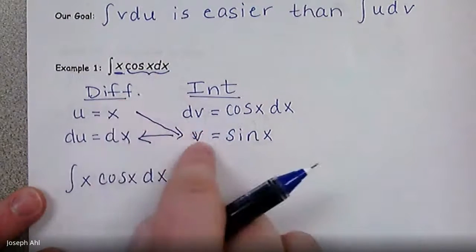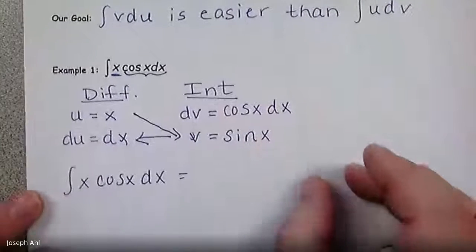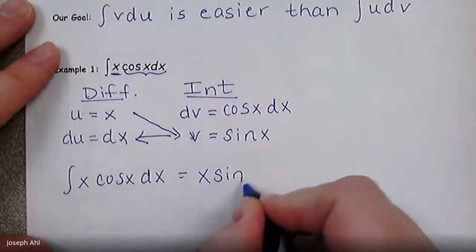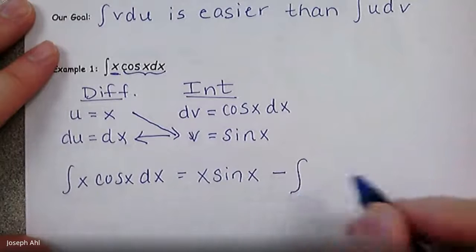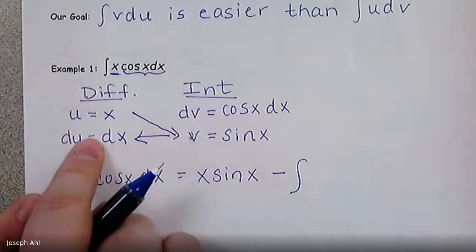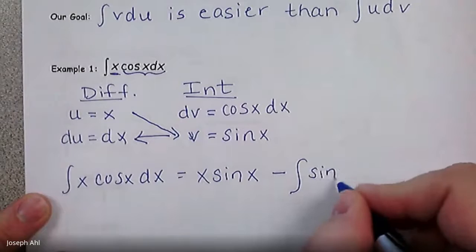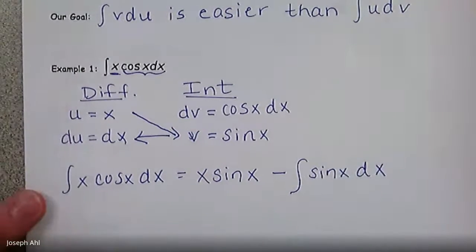So that's this connection right here, right? U times v. So that would be x times sine x minus the integral of v du, which is sine x dx.